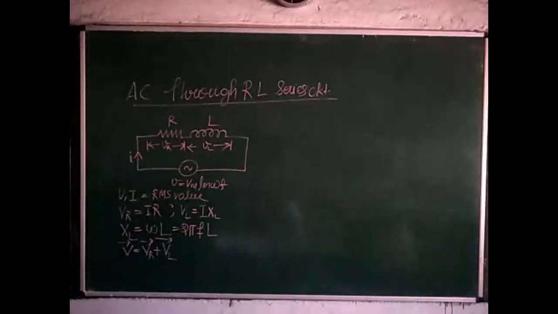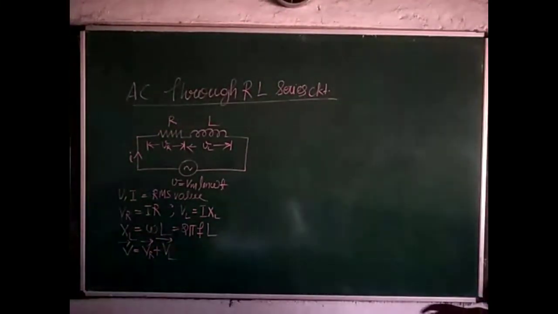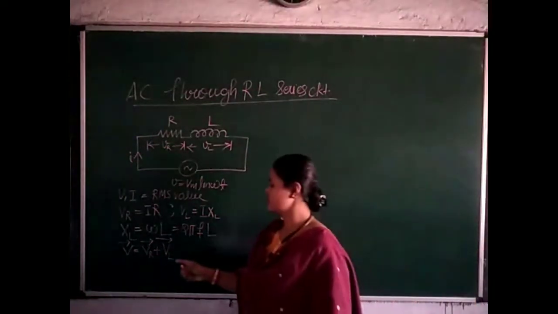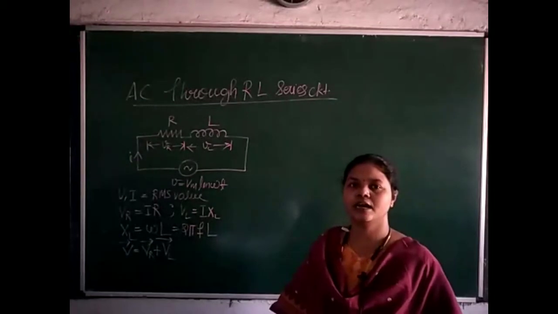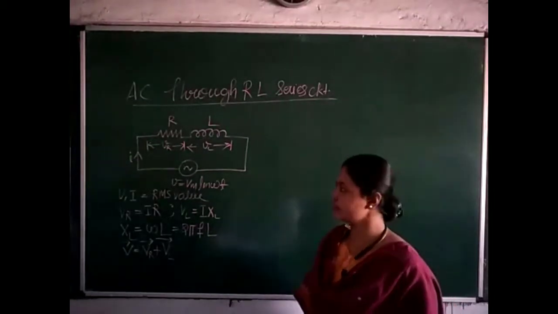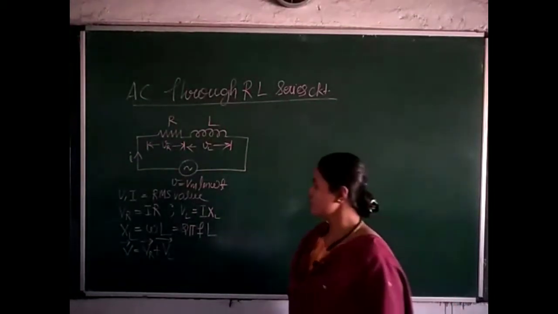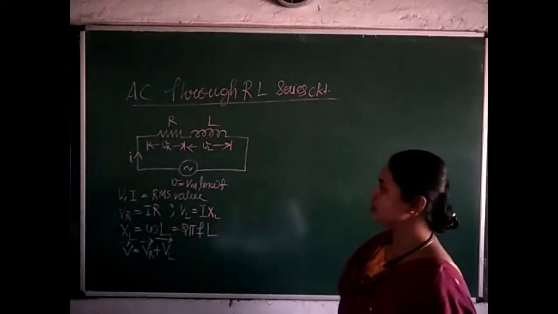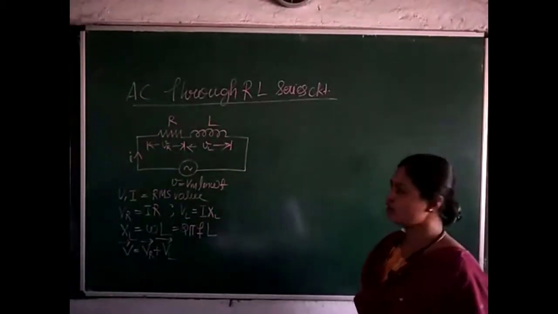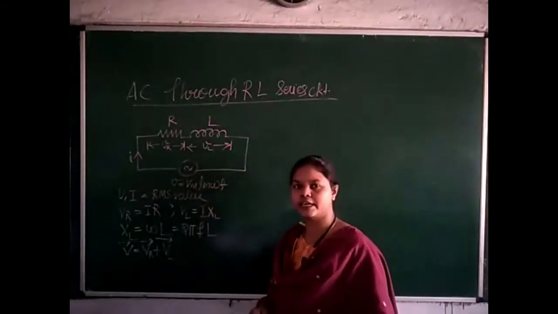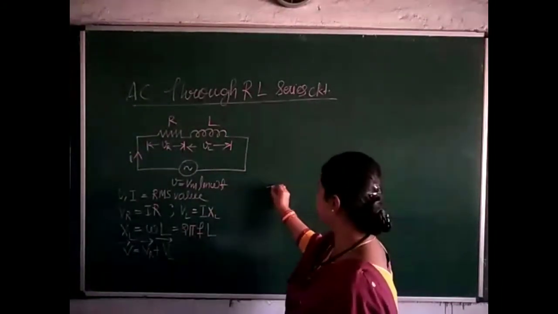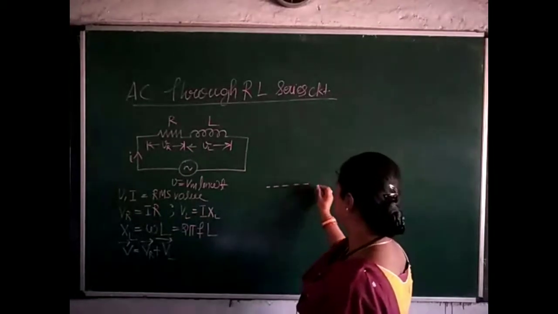Students, we find the phasor diagram to get the relationship between applied voltage and the resulting current. For drawing the phasor diagram, you take current as the reference because it is a series circuit, so the current flowing through each and every element is the same.